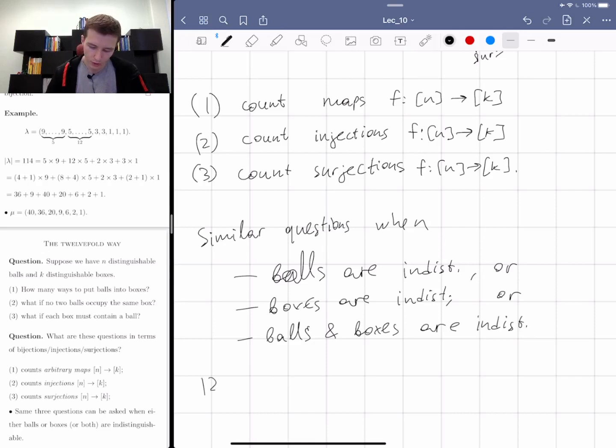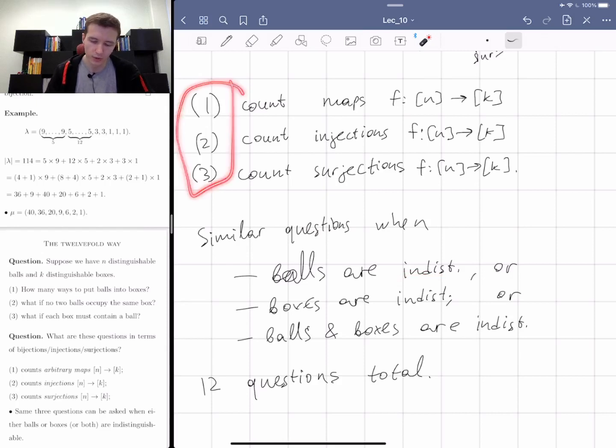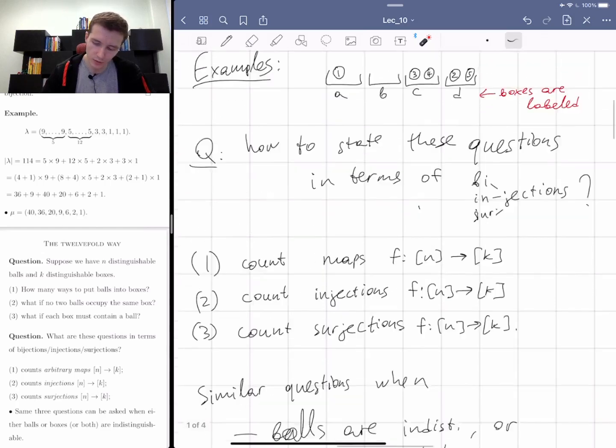So the total is 12 questions. For each of the 4 possibilities of distinguishable and indistinguishable, you get to ask 3 questions.